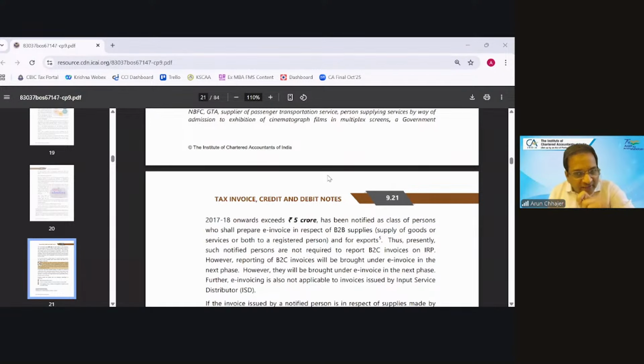Whether it is forward charge or reverse charge, from the supplier point of view, if the turnover exceeds 5 crore in any of the preceding financial years, then in that case, it is mandatorily e-invoice. Correct? Now the second question.